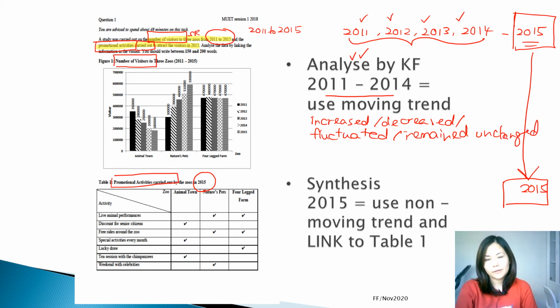Okay, so for instance, if you want to talk about the trend for Animal Town, you can mention 2011, 12, 13, 14, but when it comes to 2015, you might want to stop before you link to table 1, because you cannot say that the decrease in the number of visitors was because of the activities.